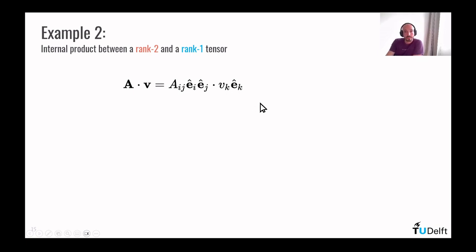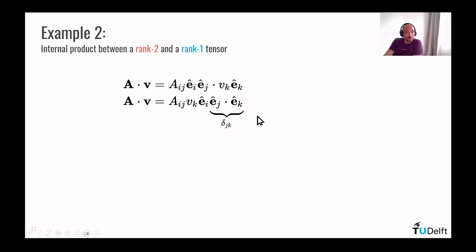The next step is to collect all the components to the left and leave the basis vectors to the right, just to make it simpler. So I collect all the components to the left, I leave the vectors to the right, and we can see that we have the internal product between e hat j and e hat k.